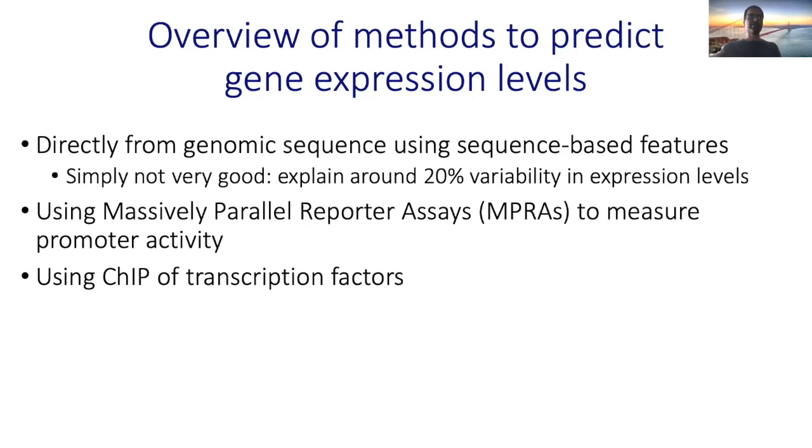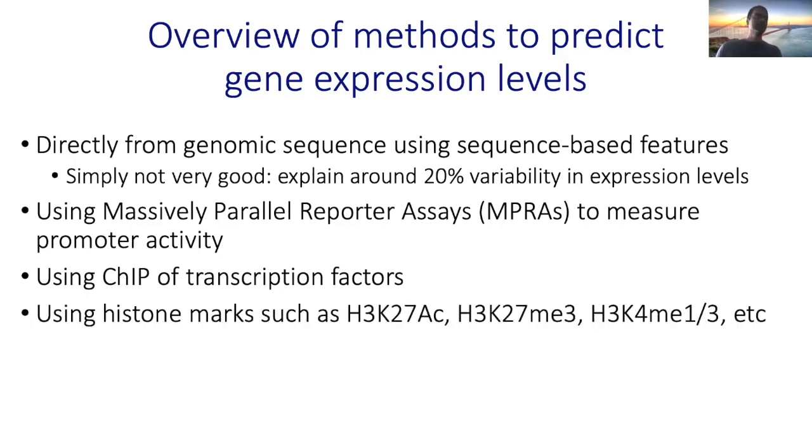Alternatively, a big consortium in America was the ENCODE project, and they provided data for hundreds of different transcription factors, performing chromatin immunoprecipitation and sequencing of regions that the proteins are bound to. There's also ChIP-seq of histone marks, such as H3K27 acetylation, trimethylation, or H3K4 mono or trimethylation.